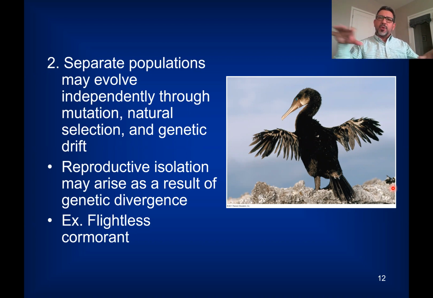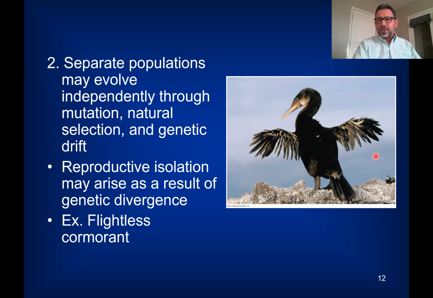But if you have two separate locations and there is no gene flow, then mutations again can happen randomly in different populations and different species over time, and those changes can accumulate, leading to further differentiation between two species.